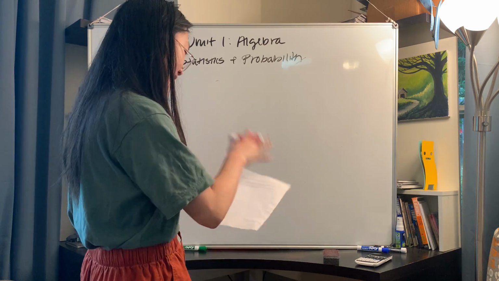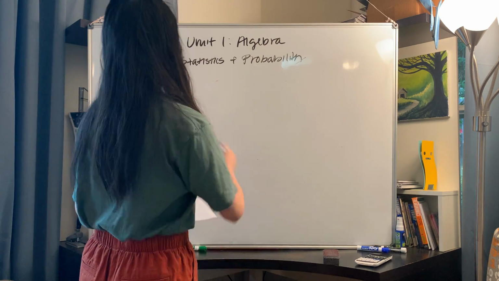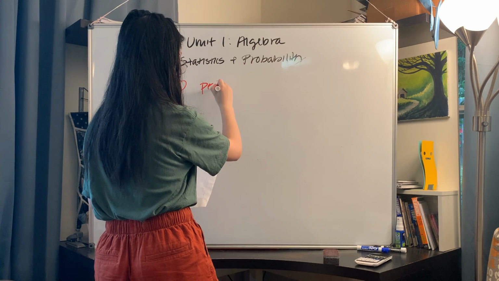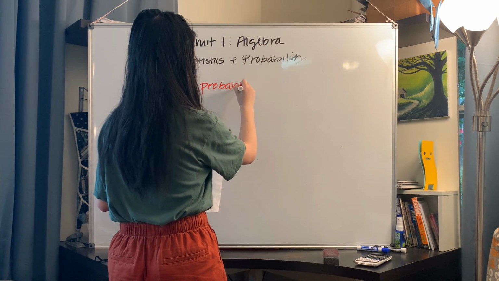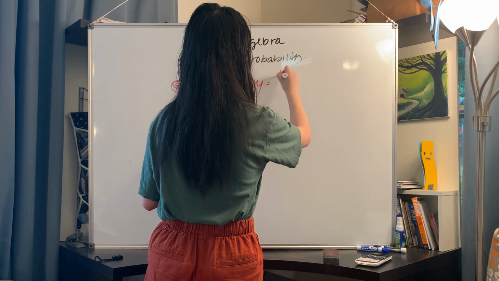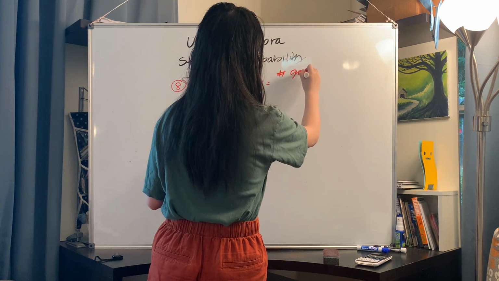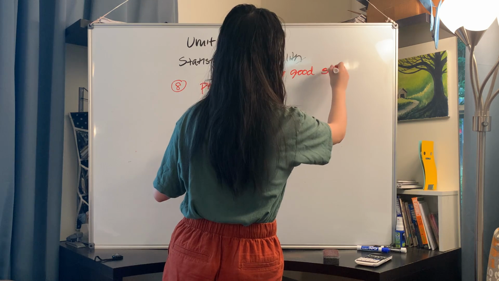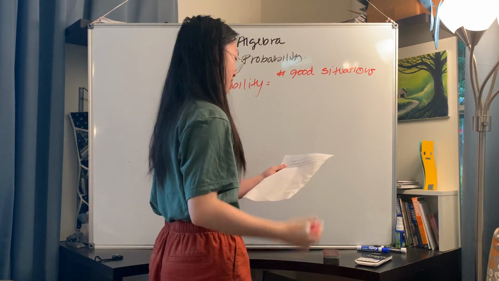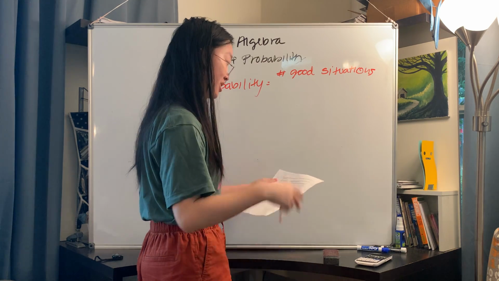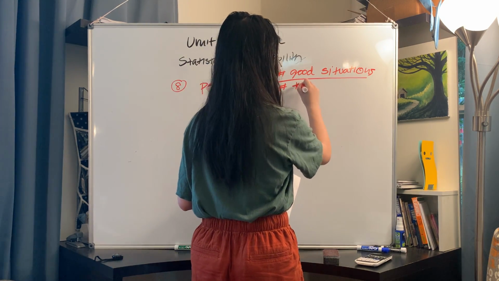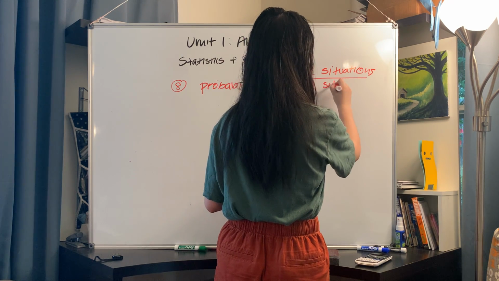A good thing to remember when we're doing problem 8 is that probability is equal to the number of good events, the situations that we want to happen, in this case that all 4 digits are distinct, versus the number of total situations.